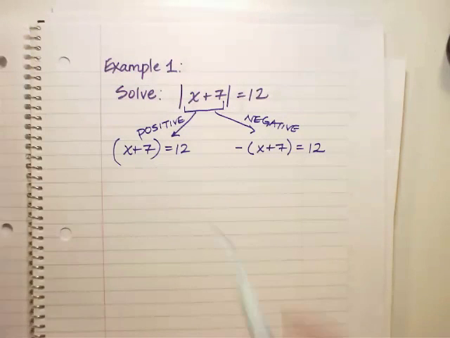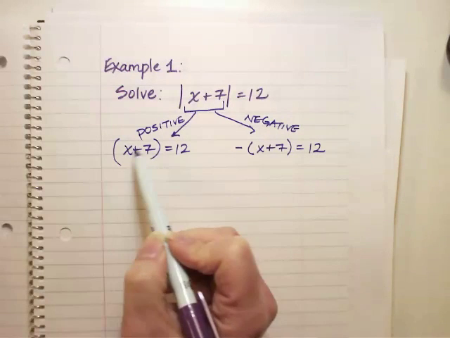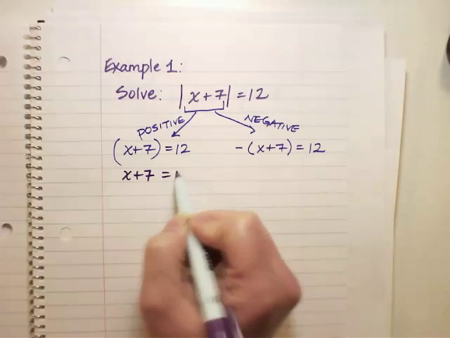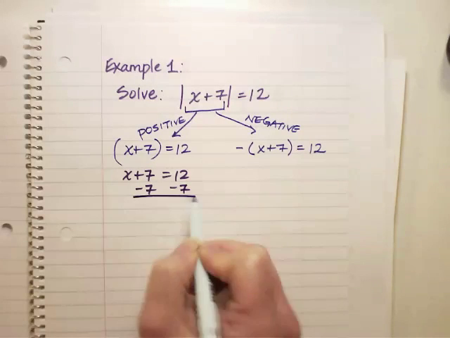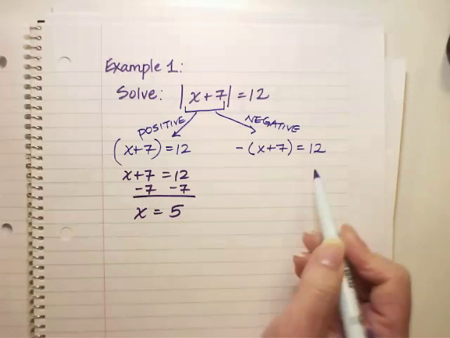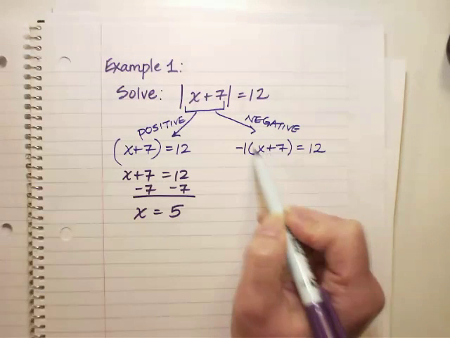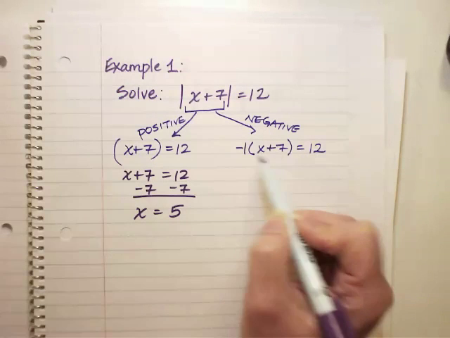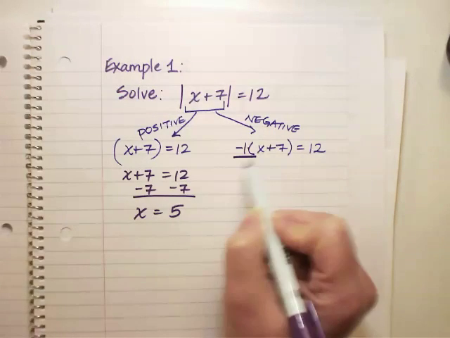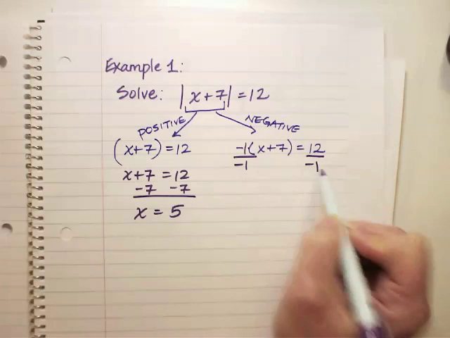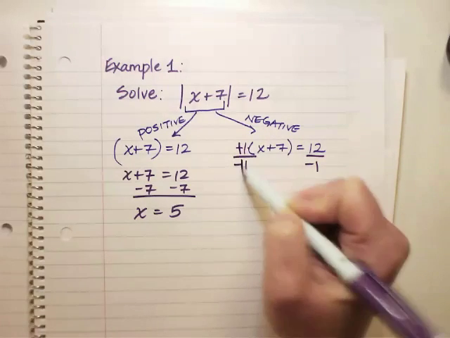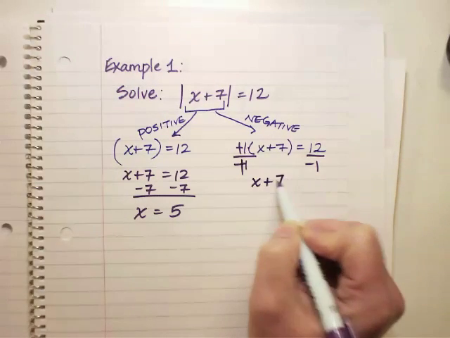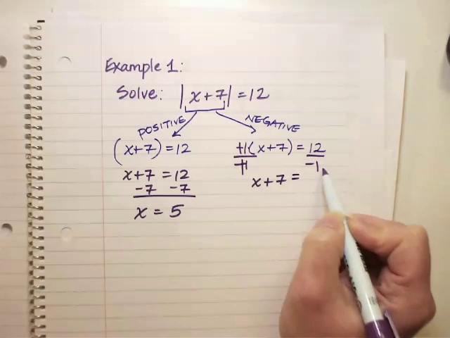Positive case: since this is considered positive 1, if I distribute a positive 1, identity, it'll stay the same. So I get x plus 7 equals 12, and I solve, minus 7 minus 7. I get x equals 5. In this case, I have a negative 1. I could distribute the negative 1, or another option is, instead of distributing it, since this is multiplication, I could go ahead and divide both sides by negative 1. By dividing by negative 1, I can cancel that out, so it becomes positive 1 times x plus 7, which just gives me x plus 7. 12 divided by negative 1 is negative 12.